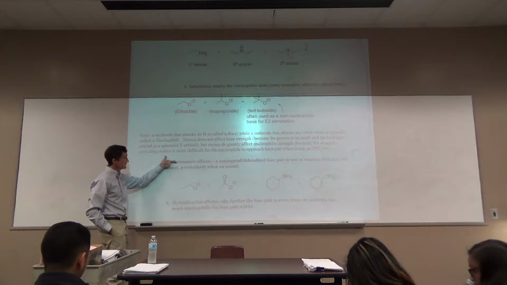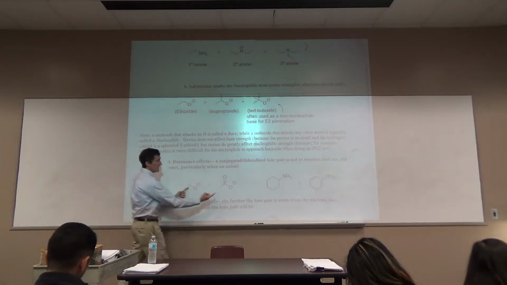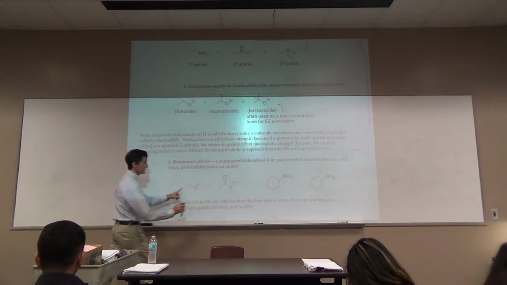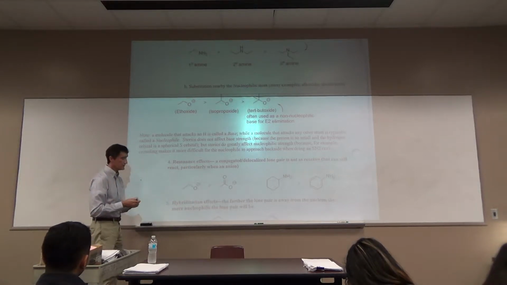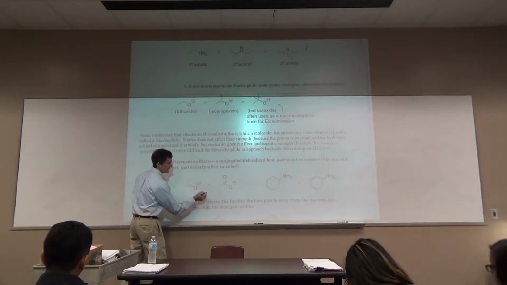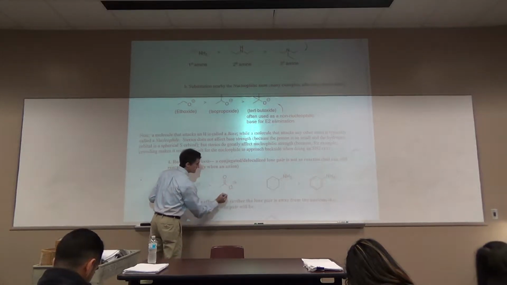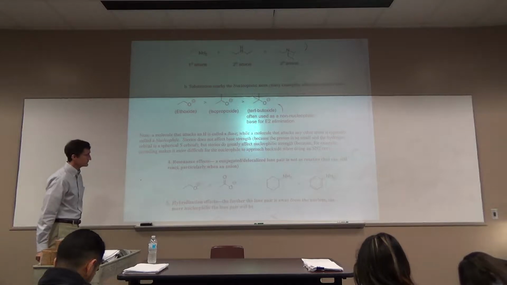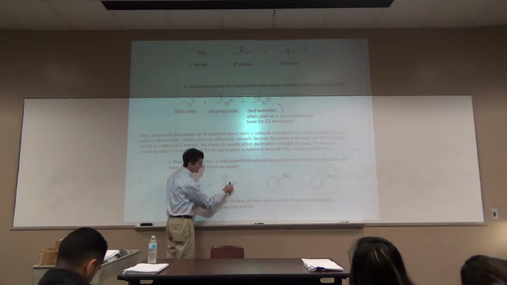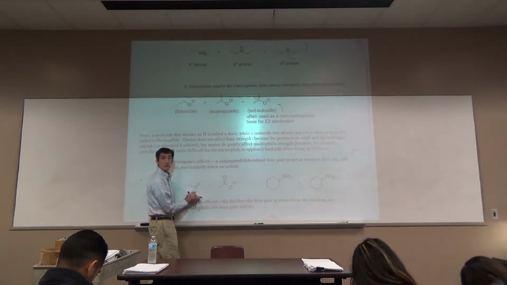Next, resonance effects. Let's look at these two potential nucleophiles. They're both anions, both oxygen. So what's the difference? Of course, they have lone pairs. This is a much better nucleophile. This oxygen anion is actually resonance delocalized.